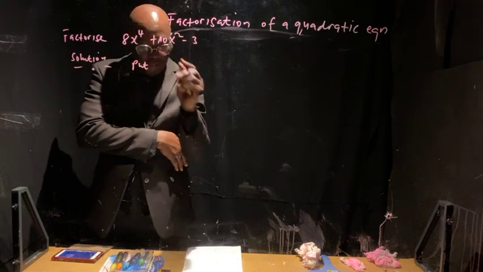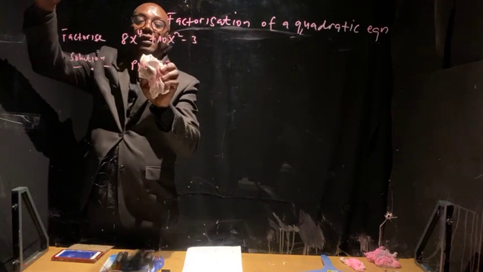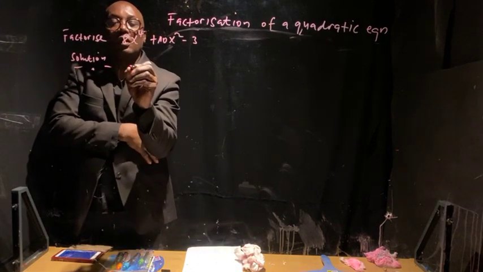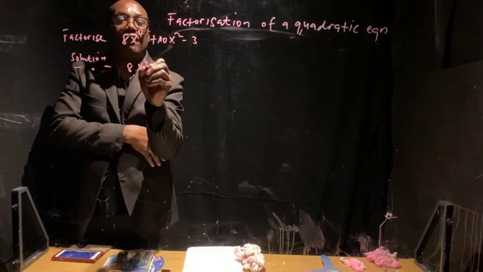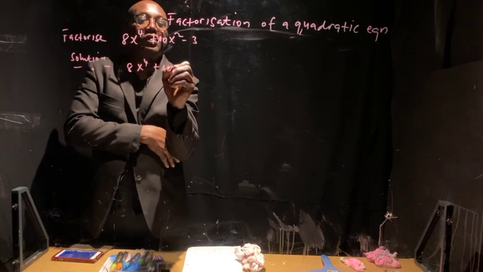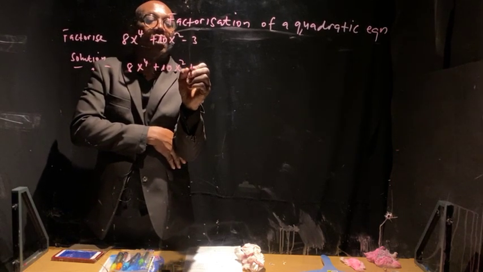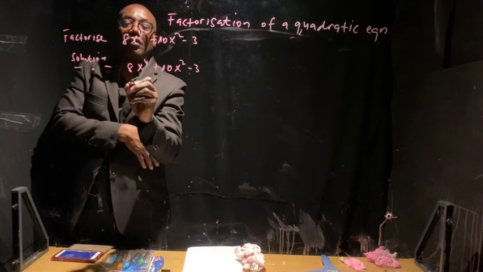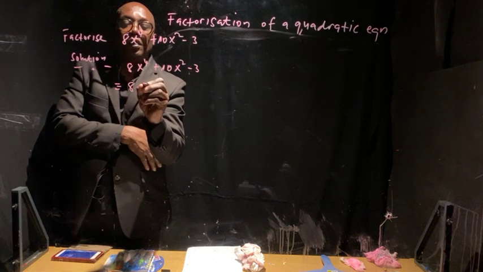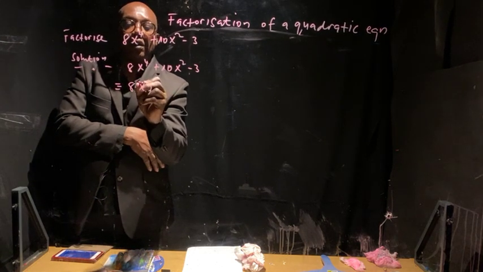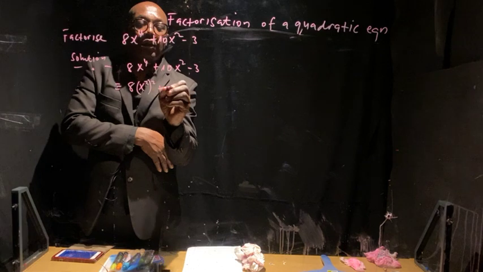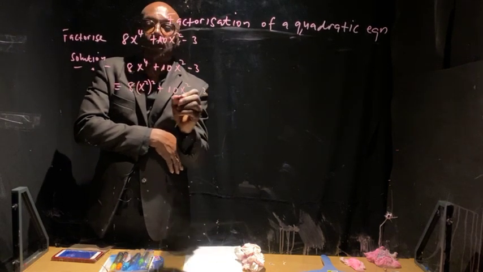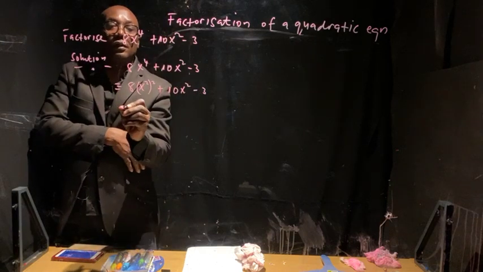Before that, I have a plan. This expression, 8x raised to the power 4 plus 10x squared minus 3, is no different from 8 times (x squared) squared plus 10x squared minus 3. Okay.